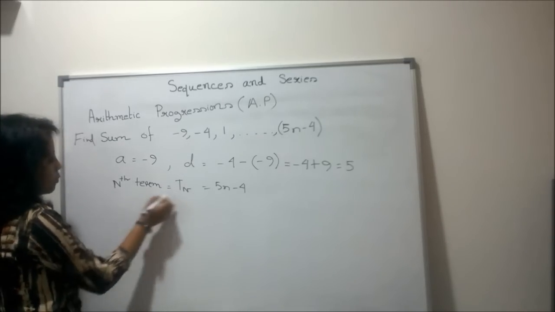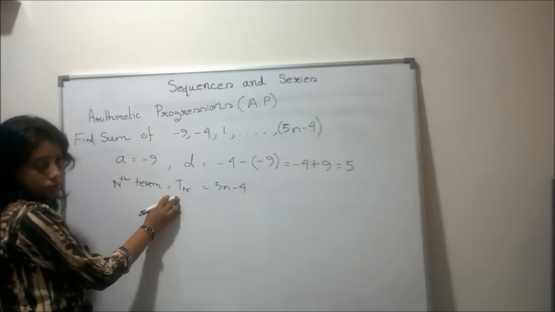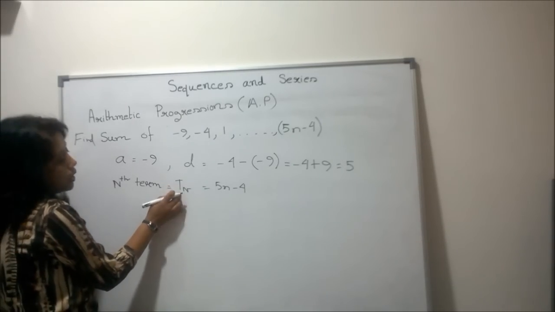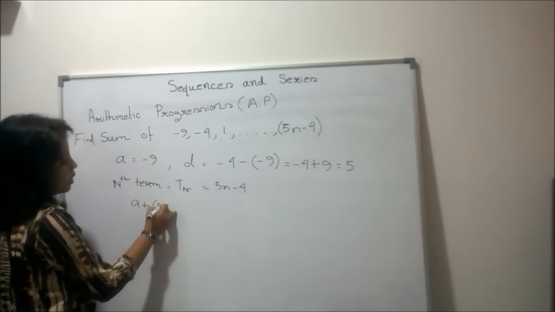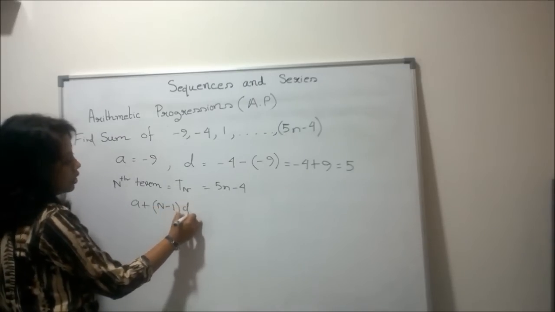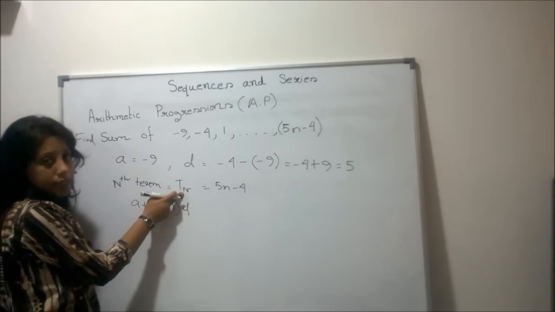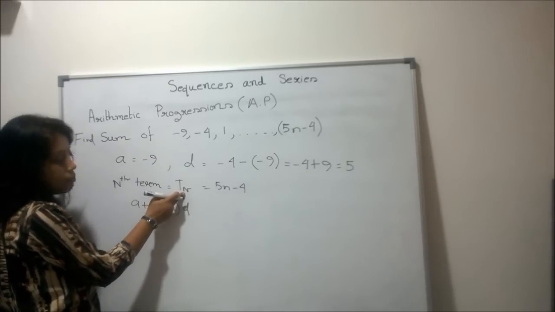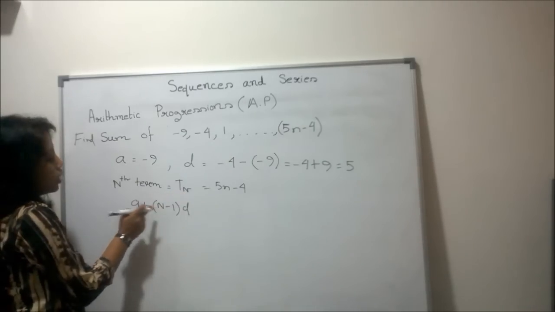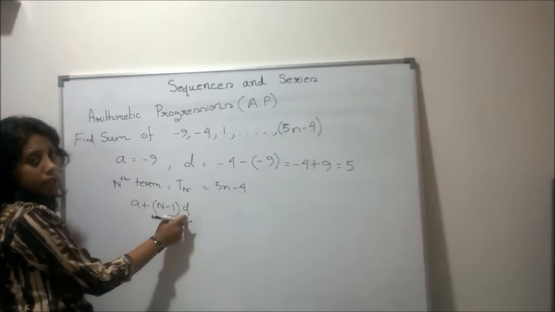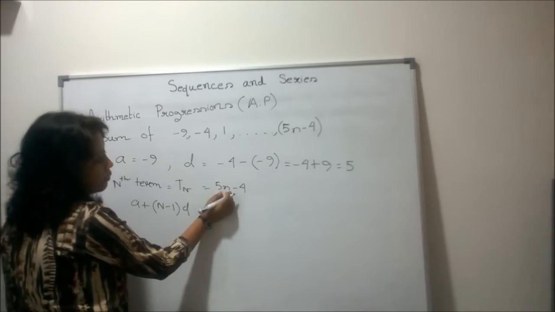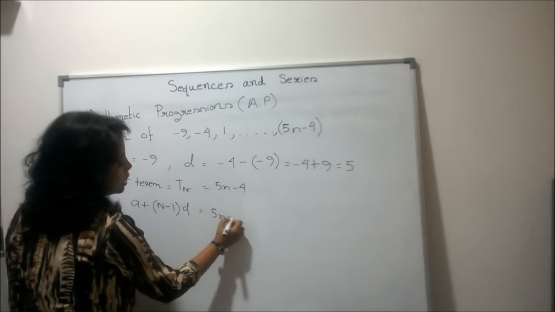So from here we know the formula to find out the nth term, that is a plus n minus 1 d. Here you see that as the capital N represents the term, so the formula becomes a plus capital N minus 1 D. And this is different. This is 5n minus 4.